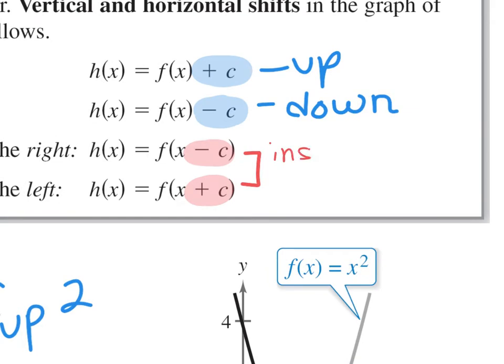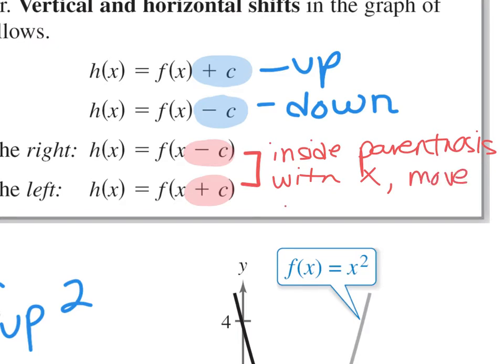So inside parentheses with x. And with these, you move the opposite direction because whenever you're pulling a value out of parentheses, it changes its positive or negative. So when we're inside the parentheses with x, we're going to move the opposite direction.